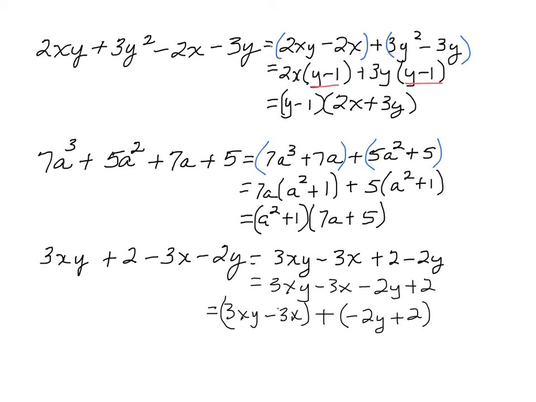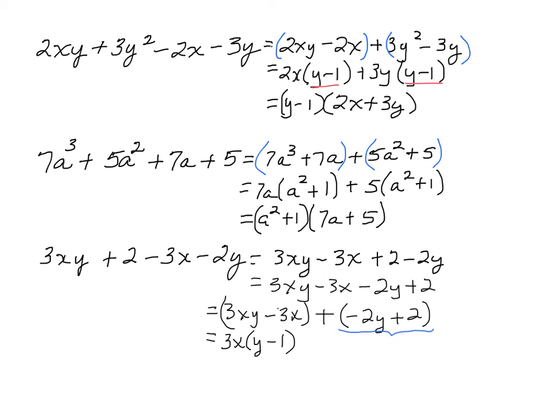Okay, watch what happens when we factor each binomial out. With this first one, we can factor out a 3x. And you see where it leaves us a y minus 1? Well, ultimately, I want to get a y minus 1 out of this thing that I just underlined in blue. But if I factor out a positive 2, I'm going to get a negative y plus 1.